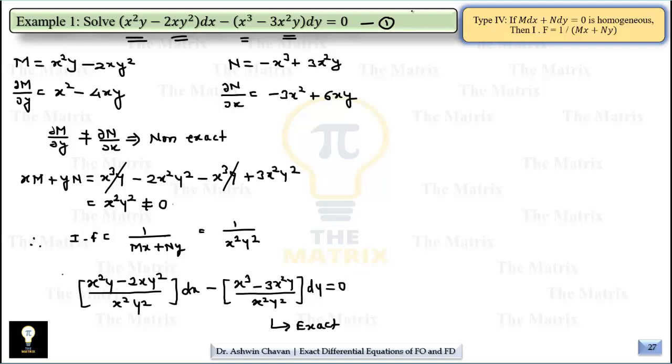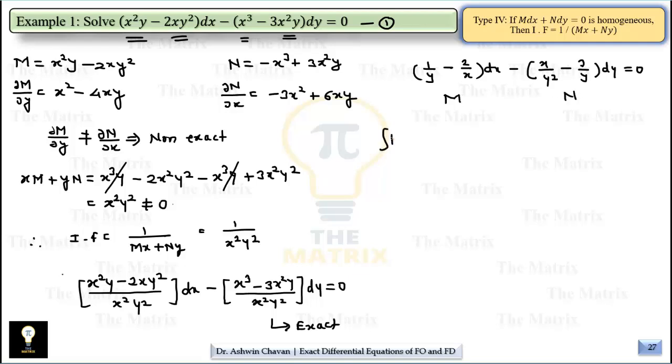So with this plus and minus sign at the numerator, we will open the brackets. So first term becomes 1 by y by cancelling x square and y from numerator and denominator. Then we get minus 2 by x dx minus, x cube, x square is getting cancelled, so x upon y square, and in the second factor we get minus 3 upon y dy equals to 0. So we have new M and new N.